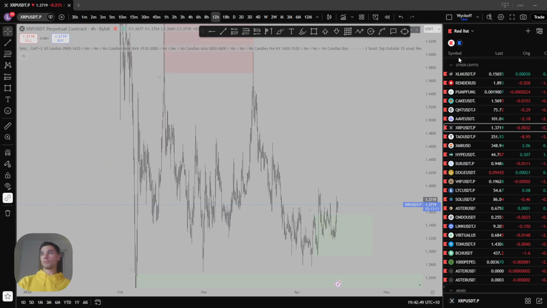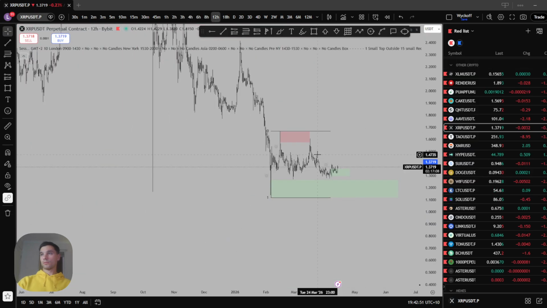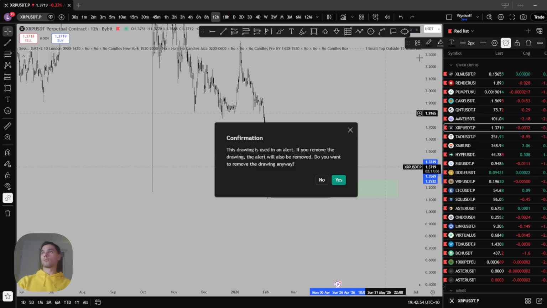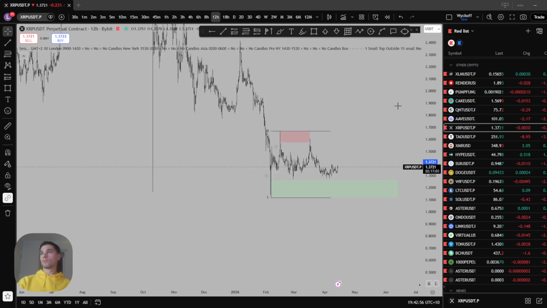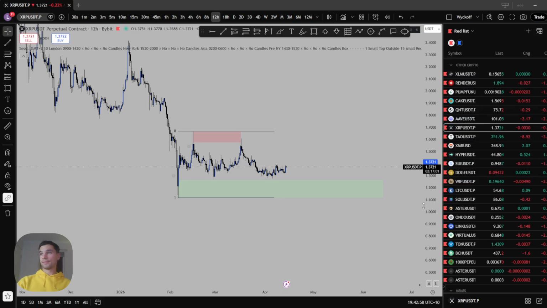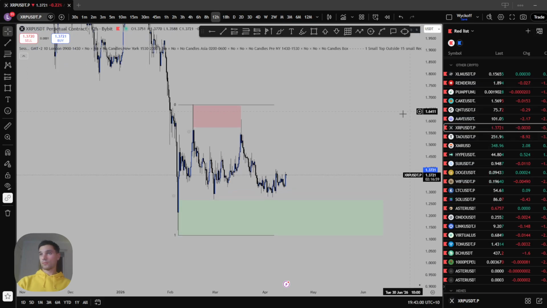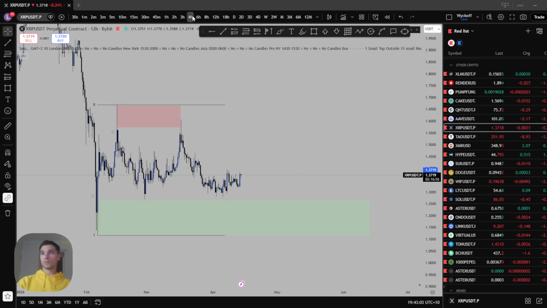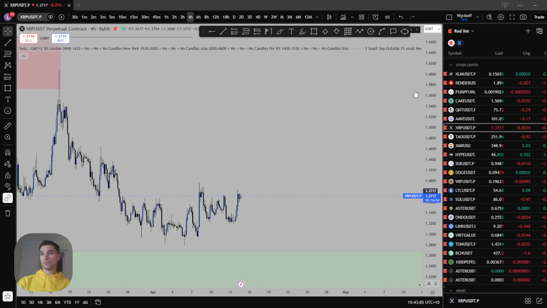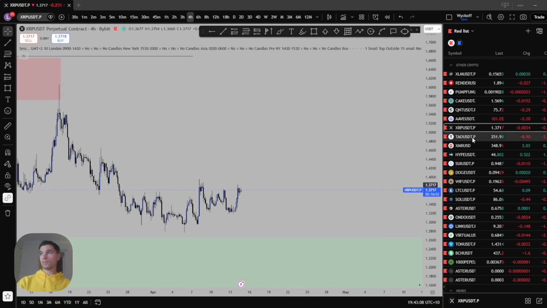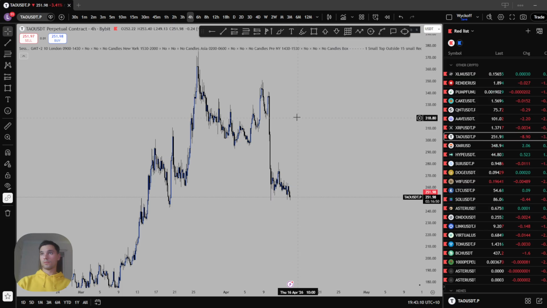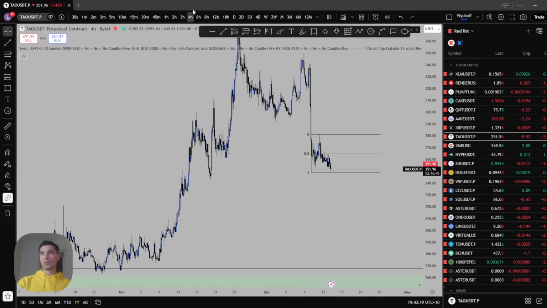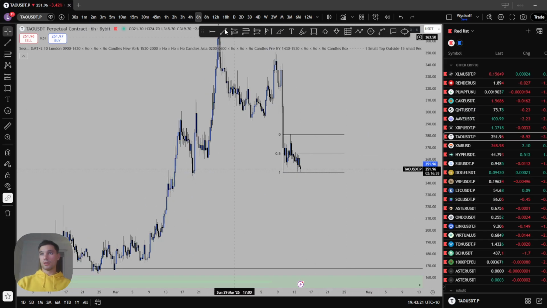XRP. Still ranging. Tau still ranging. It's kind of counter context if you are to assume we get an accumulation here.